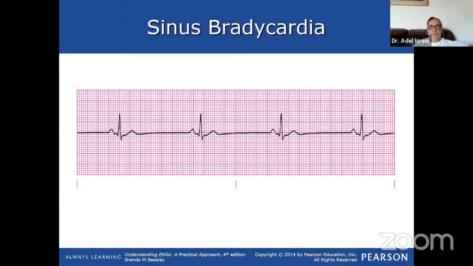Yes. And then I count two small boxes. Two, very good. So wonderful. Jennifer found everything normal except the heart rate, which is 40, below the normal. So she will put the diagnosis sinus bradycardia. Perfect, perfect, perfect. Thank you, Jennifer.